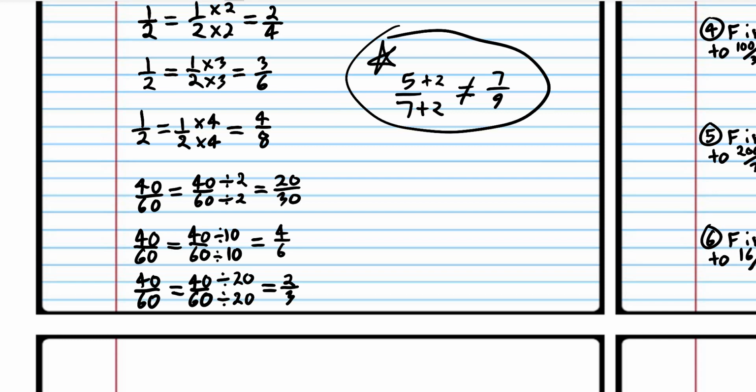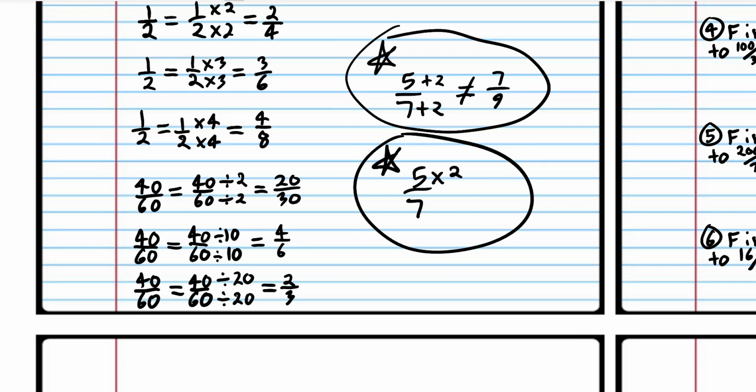That's another important point. You can't take a fraction and multiply the top by 2 and then multiply the bottom by 3. That gives you 10 over 21, but 10 over 21, if you draw a chocolate bar and carve out 10 out of 21 parts, that's not going to be the same as 5 out of 7 parts. It's not equal.